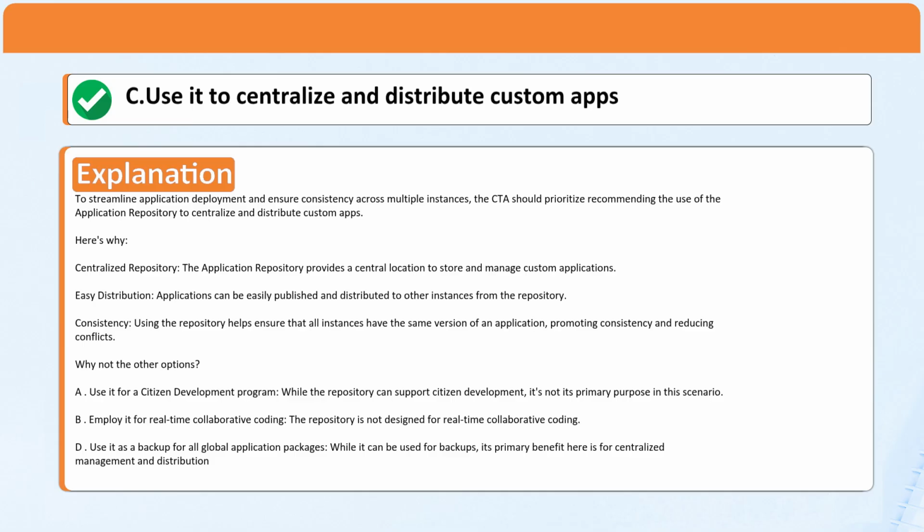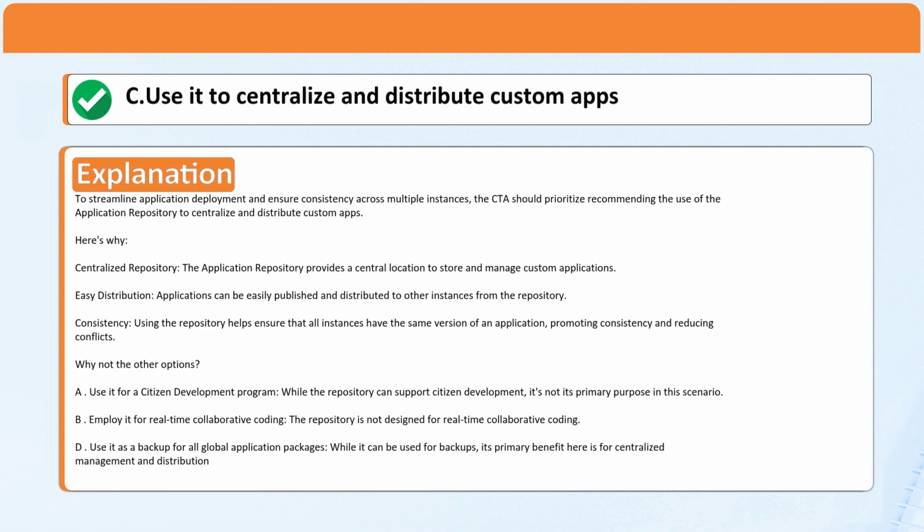Answer. C. Use it to centralize and distribute custom apps. Explanation. To streamline application deployment and ensure consistency across multiple instances, the CTA should prioritize recommending the use of the application repository to centralize and distribute custom apps. Here's why. Centralized repository.